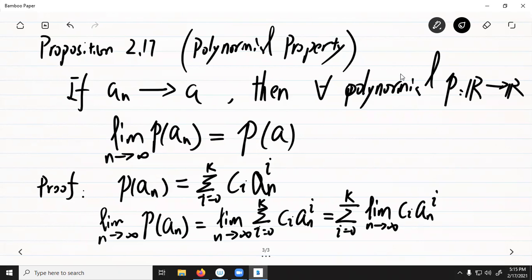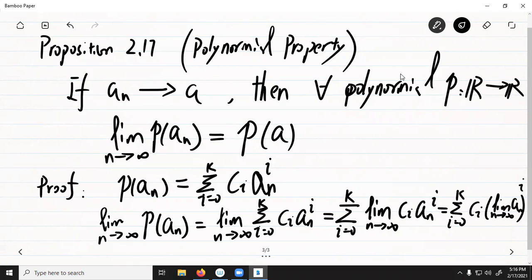Then we use the product limit again, the product property. This is the product of a_n, i times. So you can use the product property to take the limit for each one. So this is equal to the summation i from 0 to k of c_i times the limit as n approaches infinity of a_n to the i-th power.